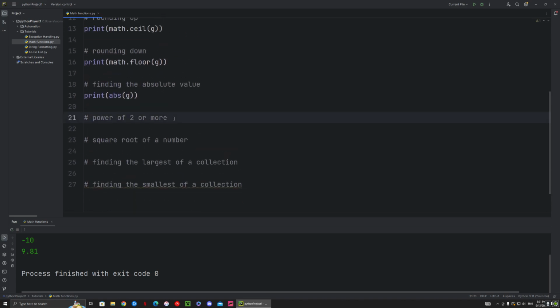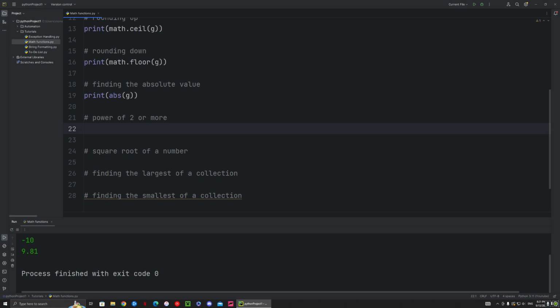Next, we have the power of 2 or more. So if you want, you can multiply a number with its power. So we want to print, not math, but we want to print pow, which stands for power. And as you can see here, this is the base and this is the exponent. So we have the base, which is, say, G, and the exponent is 2.